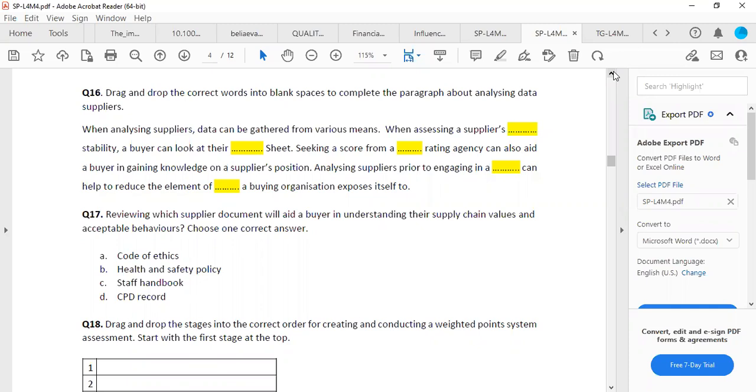Then question 16, drag and drop the correct words into blank spaces to complete the paragraph about analyzing data suppliers. When analyzing suppliers, data can be gathered from various means. When assessing a supplier's dash stability, a buyer can look at their dash sheet. Okay, let's try and fill up these blank spaces before we move on.